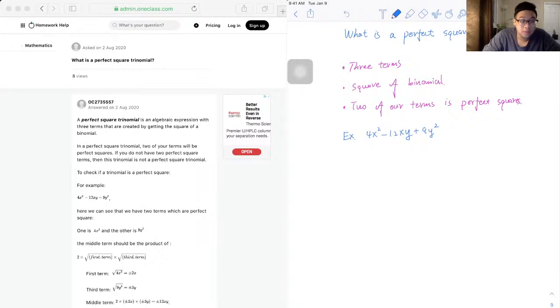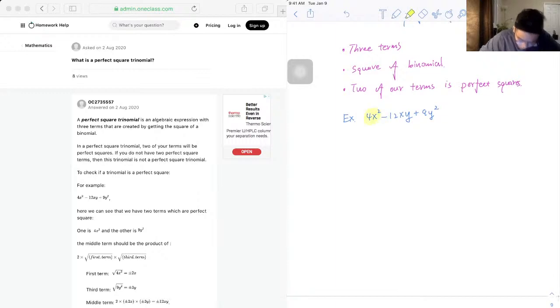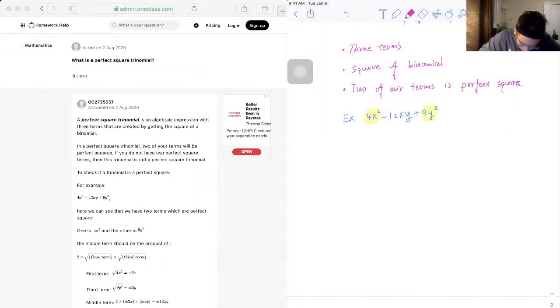Here we can see that we have two terms that are perfect squares, which are 4x squared and 9y squared.